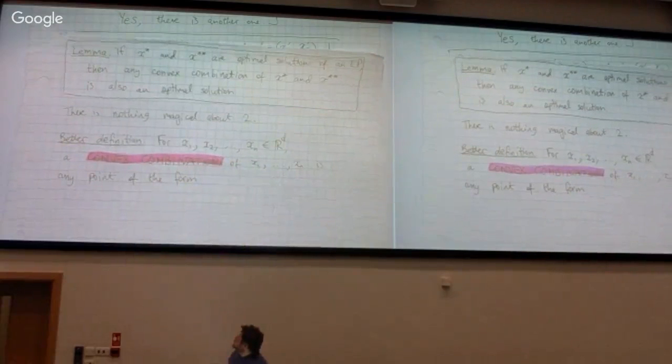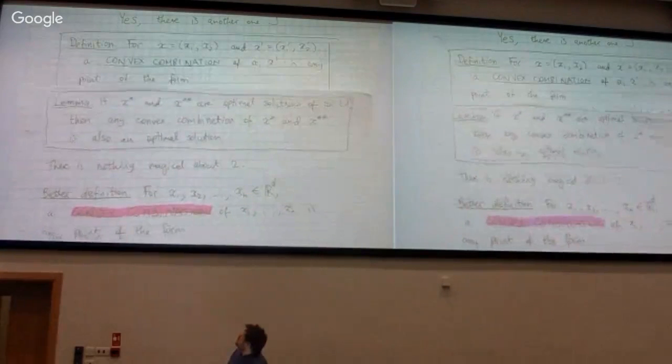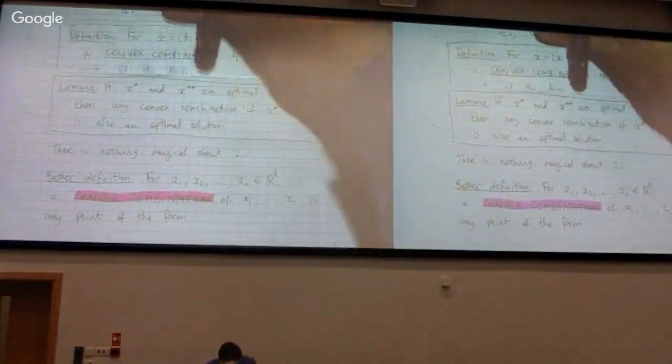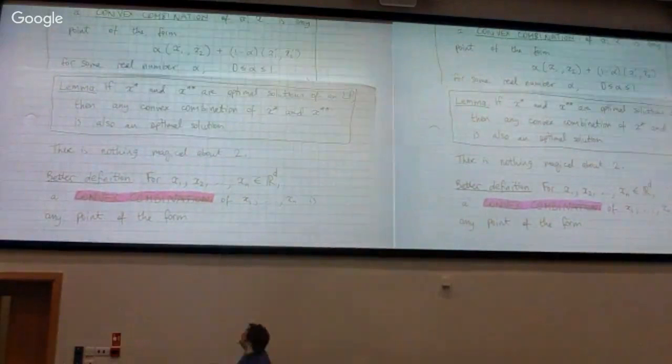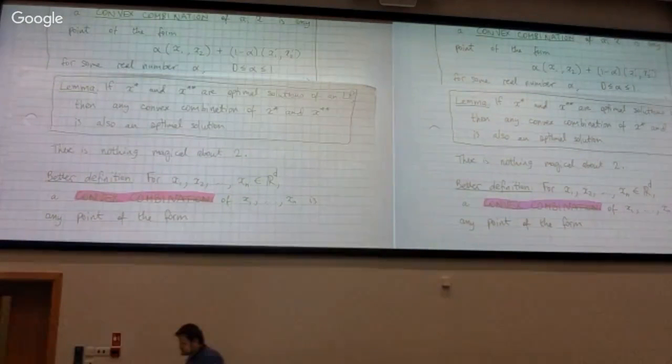What were we doing before is we took some scalar alpha and 1 minus alpha. We multiplied one of the vectors by alpha and the other by 1 minus alpha.